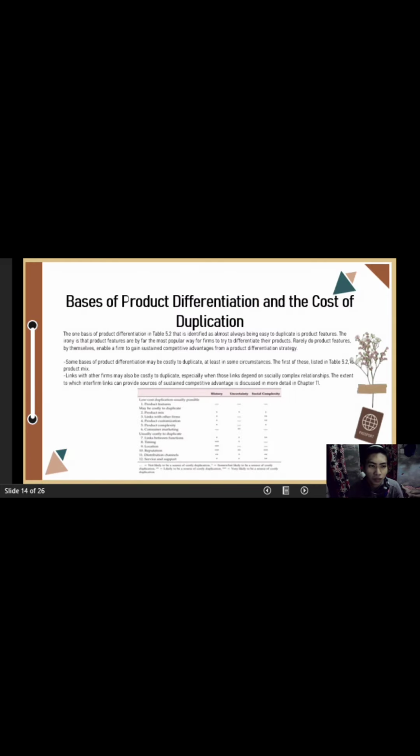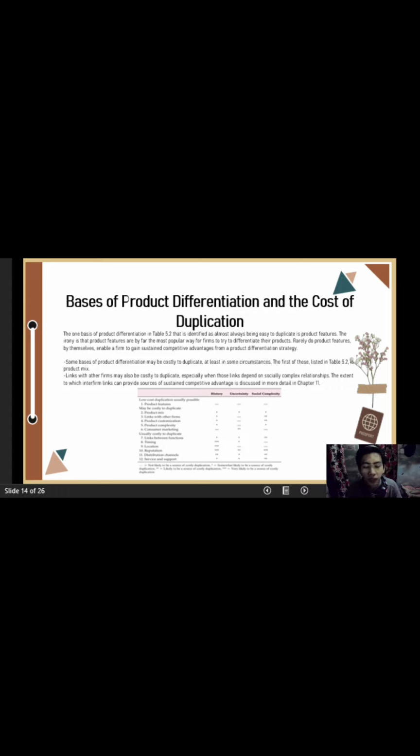Okay, in this slide, as you can see in the table, this is Table 5.2 in your ebook. One basis of product differentiation is identified as almost always being easy to duplicate. It is product features.